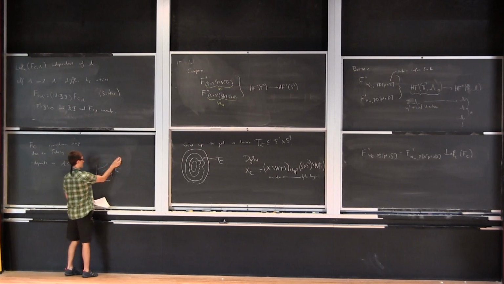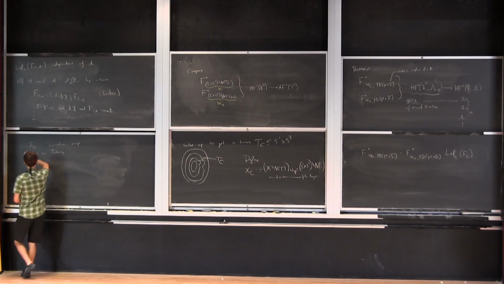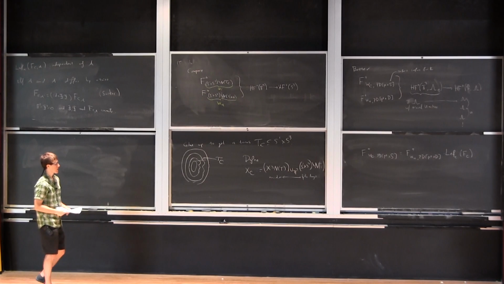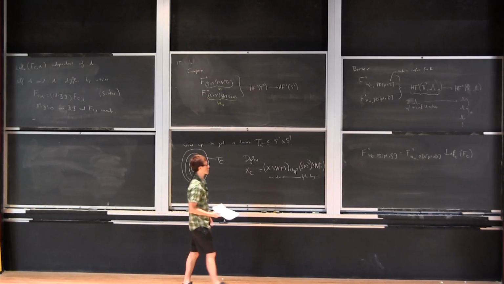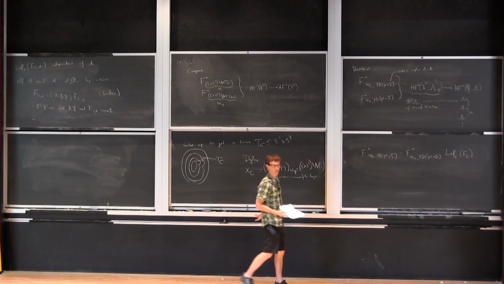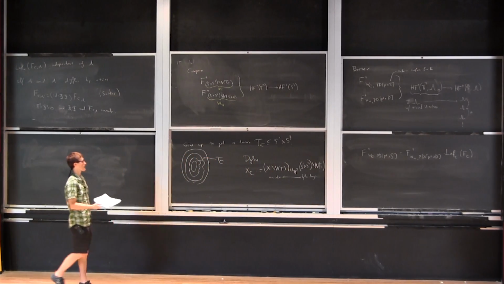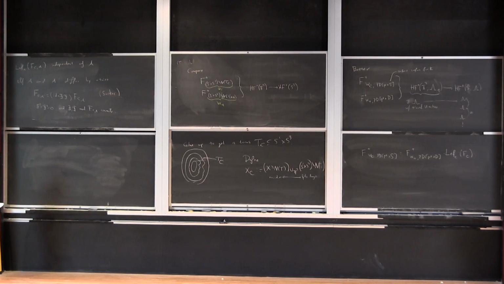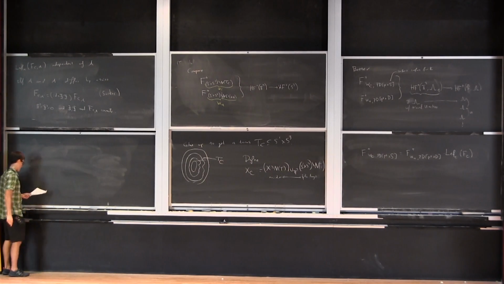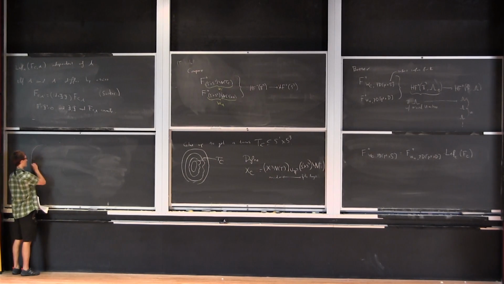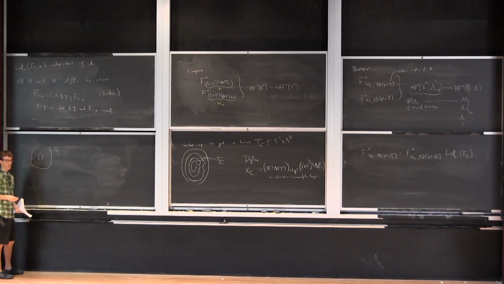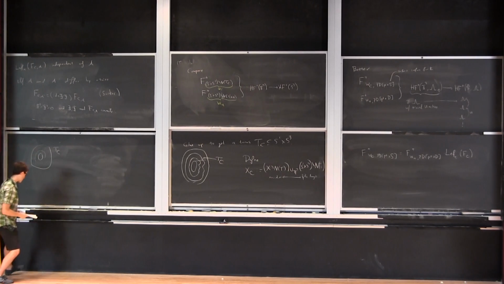All right, and so one observation is that this whole solution is dependent on the fact that HF plus of T3 with twisted coefficients is rank 1 over the Novikov ring. And so what we're actually going to do is, on this torus, on T_C, I want to pick a pair of curves that go around.